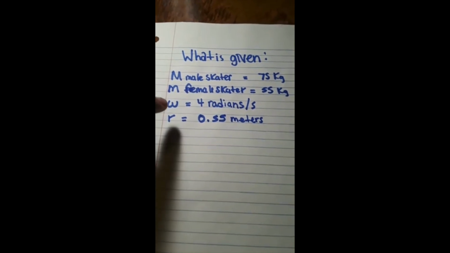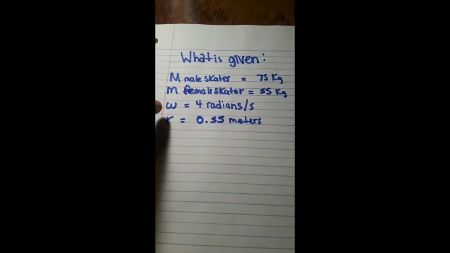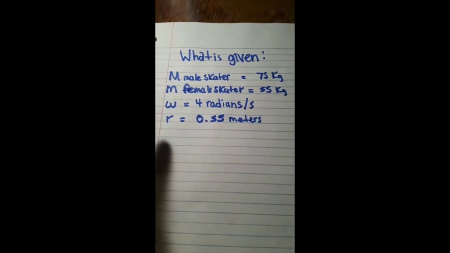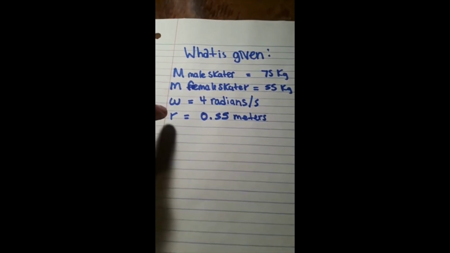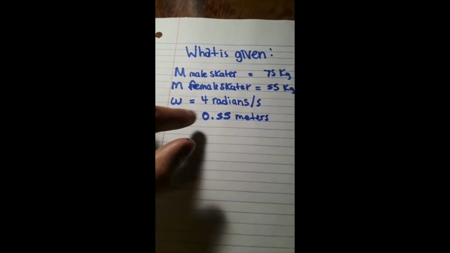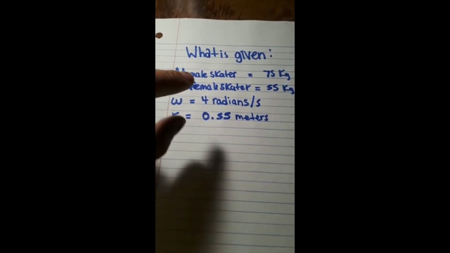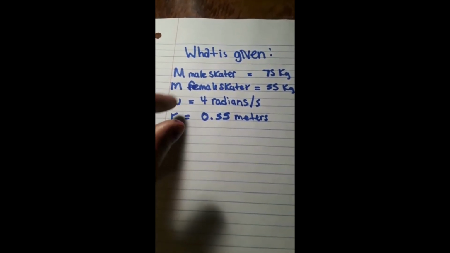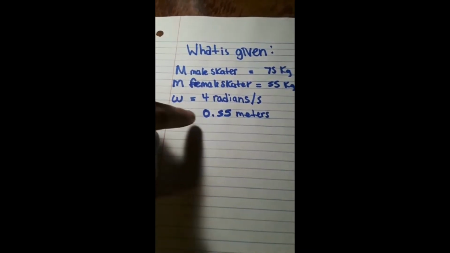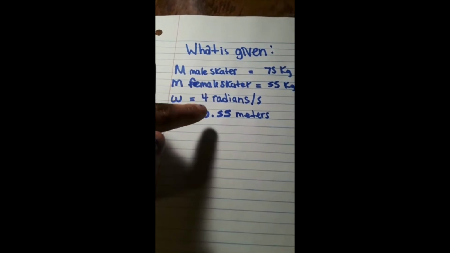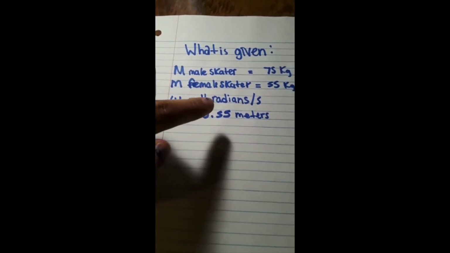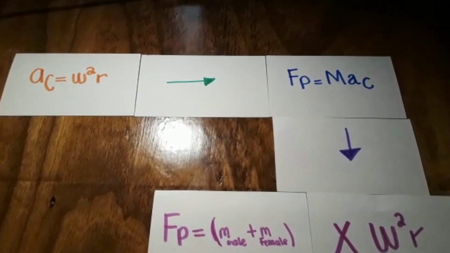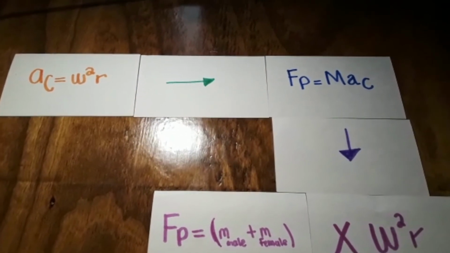The rate of rotation, symbolized as omega, is 4 radians per second, and R is our radius when the male skater is pulling the female skater into a rotational circle. It is 0.55 meters.